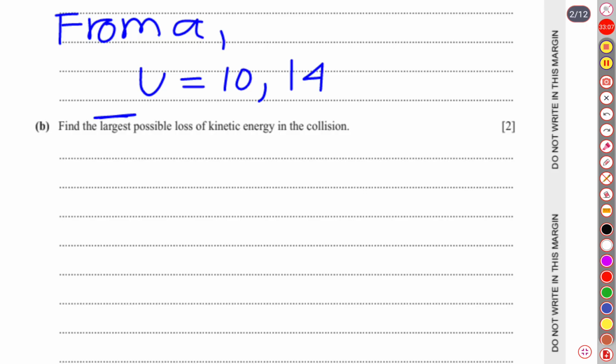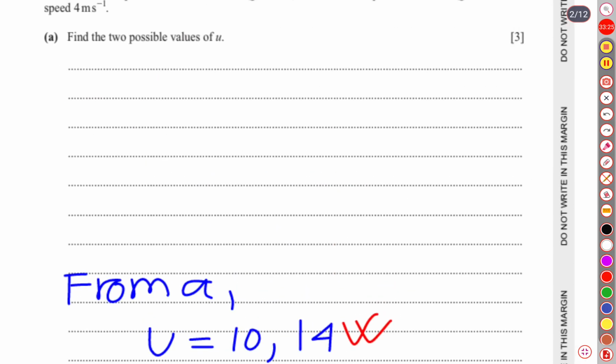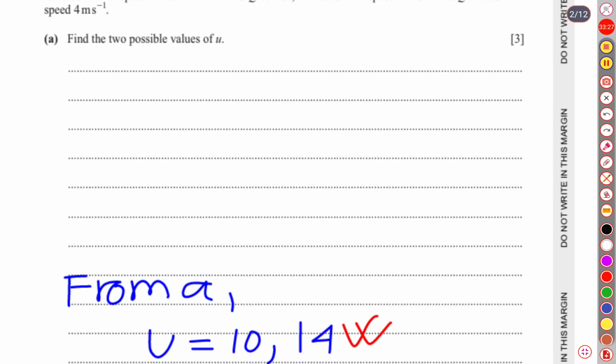For largest possibilities, we will have to know that as there are two values of initial velocities, if the initial velocity is larger, we will choose the larger initial velocity, because we can write here for larger initial velocity.